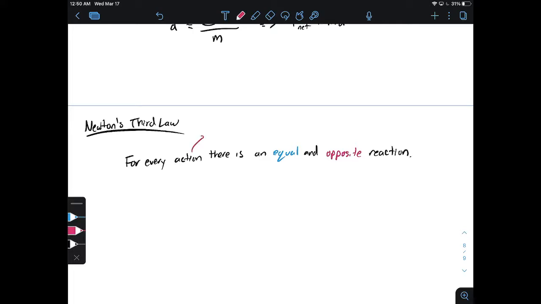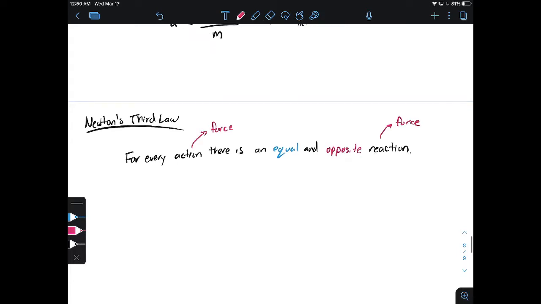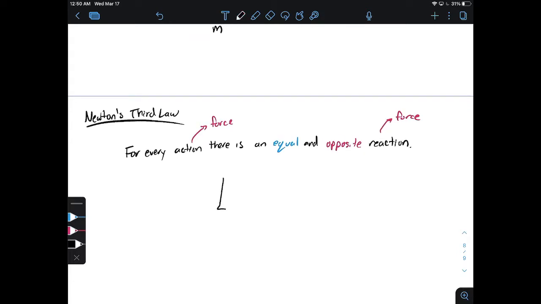Now, we can substitute even the word action for force, reaction for force as well. So if you think about a box on a surface, say the mass is equal to 50 kilograms, something like that. Now, we have our force of gravity acting downwards, as well as our contact force acting upwards.